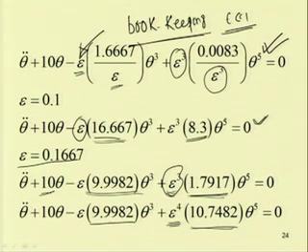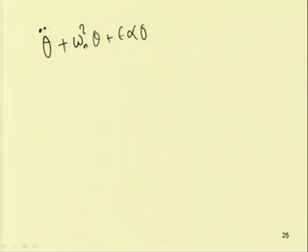So we can write our equation, let me write a general equation in this form: theta double dot plus omega n square theta plus epsilon alpha theta cube plus epsilon cube beta theta to the power 5 equal to 0.